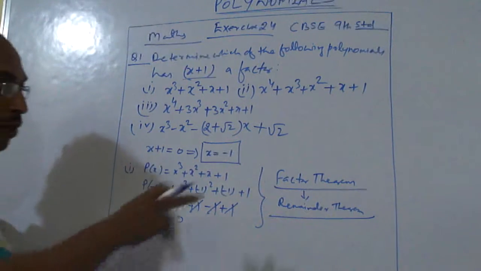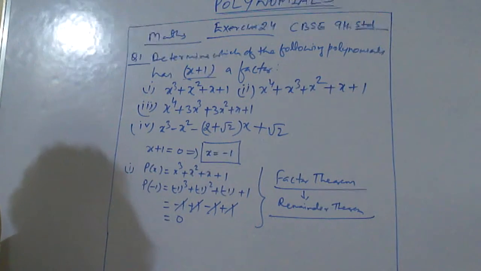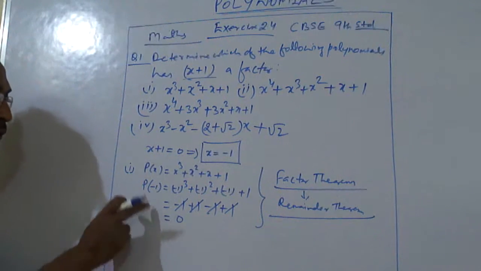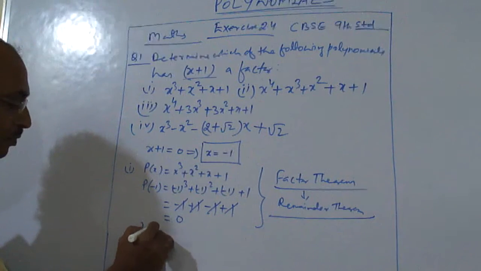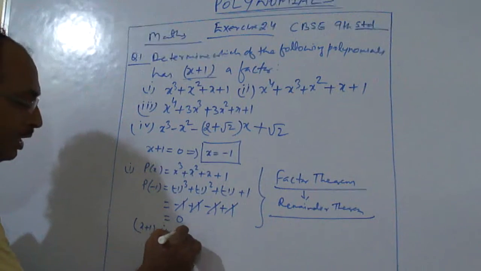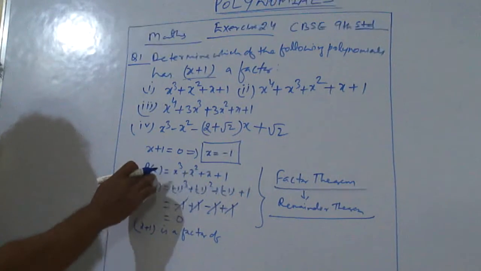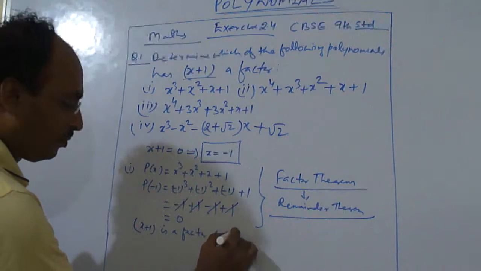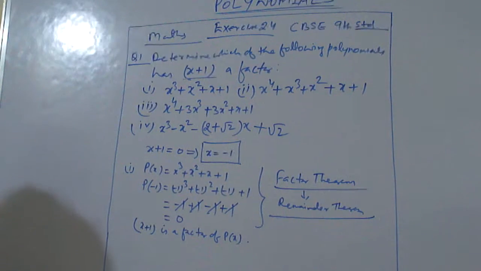Now, in the factor theorem, if the remainder is becoming 0, then only it will be a factor. So in this case, you can say that yes, x plus 1 is a factor of this polynomial p(x). Understood?